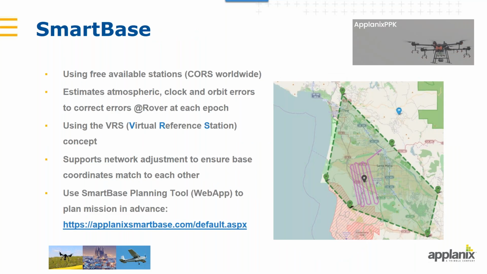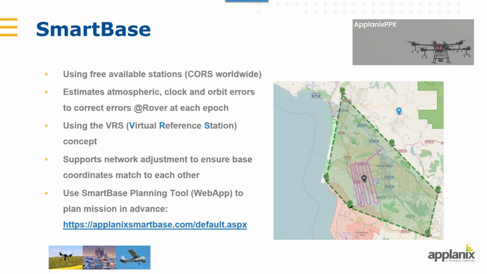The other concept is called smart base. Smart base is using freely available stations worldwide. It's also known as core stations. So in that case, the web app would use stations surrounding your mission area.